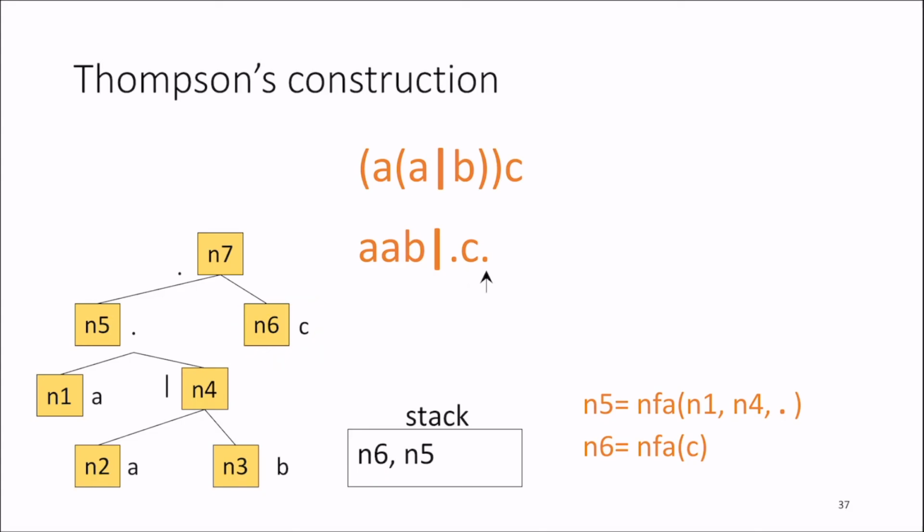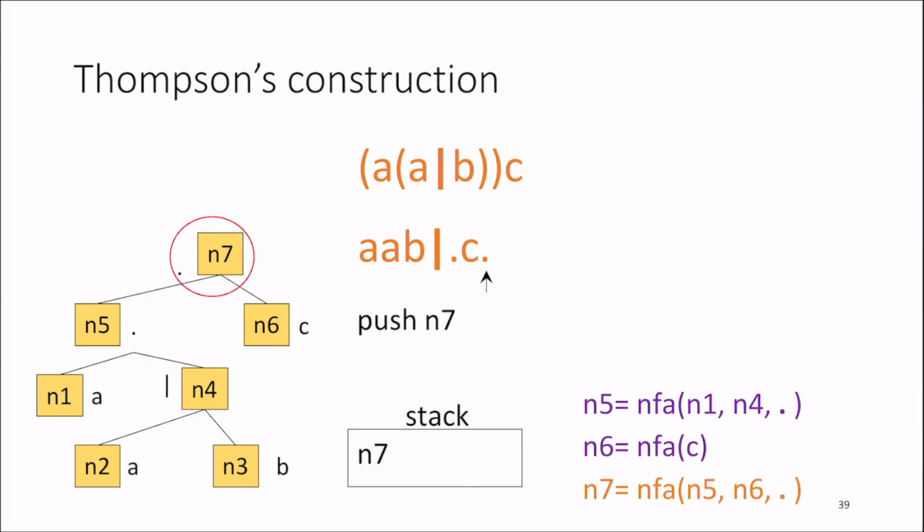And then the last operator we have in this postfix traversal of the tree is the concatenation between N5 and N6. So we pop out the 2 elements it needs from the stack. We combine them using concatenation, which is done using one of those Thompson rules we saw before. So concatenation creates N7 and then pushes N7 onto the stack.